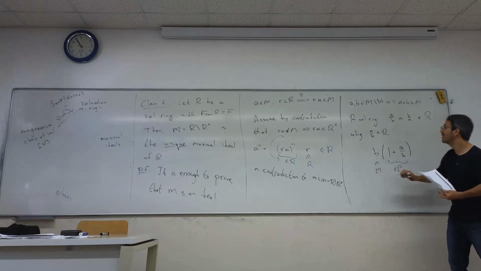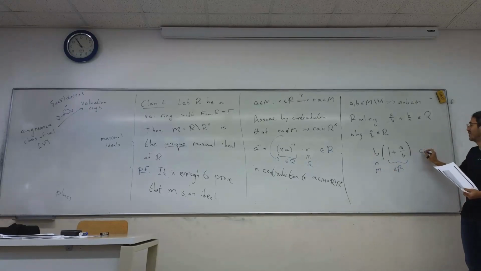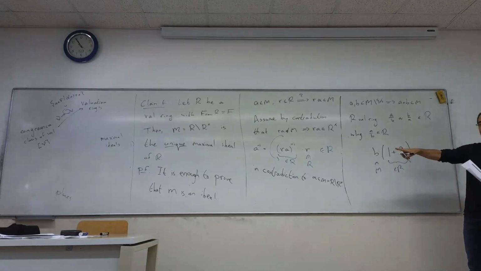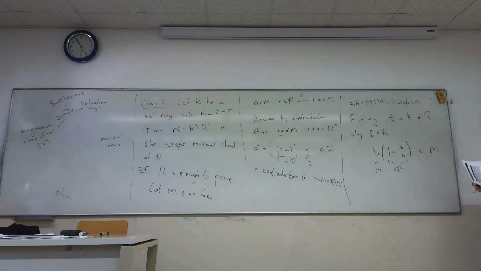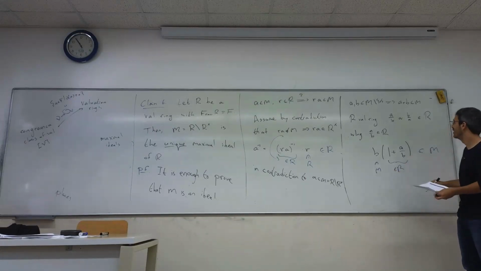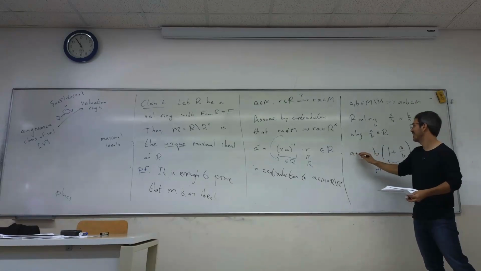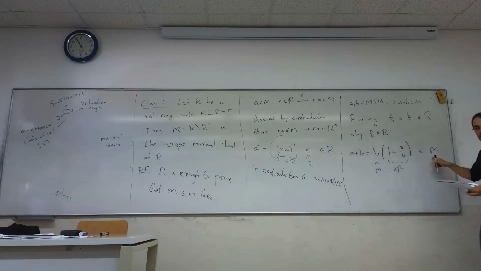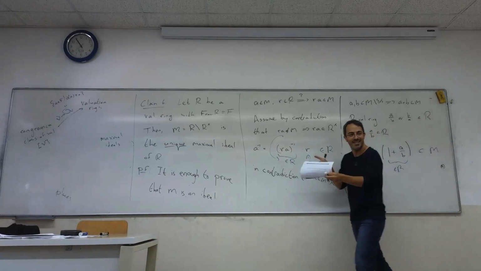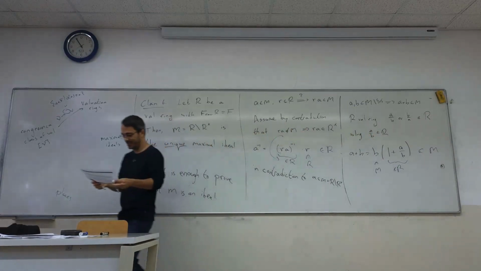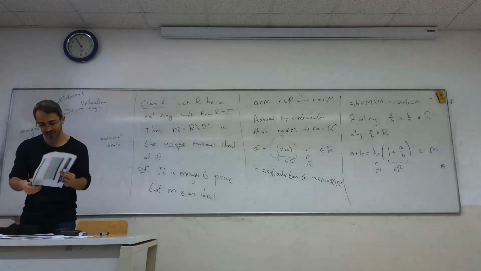This is in M. We proved that M times R is in M. But this is what? Okay. So a plus b is indeed in M. Little tricky. The other way around is harder. That's why I was referring to sometimes the order being important.